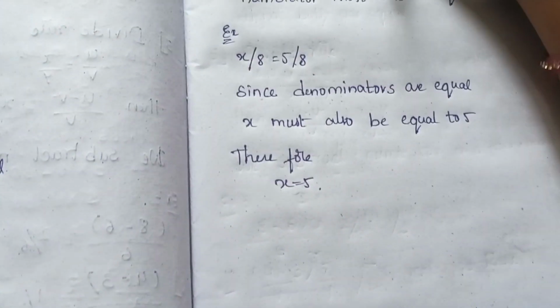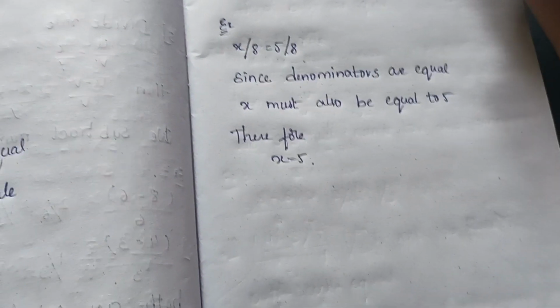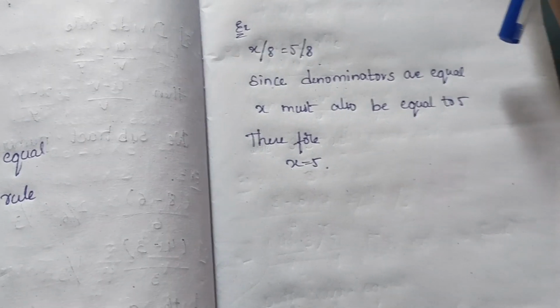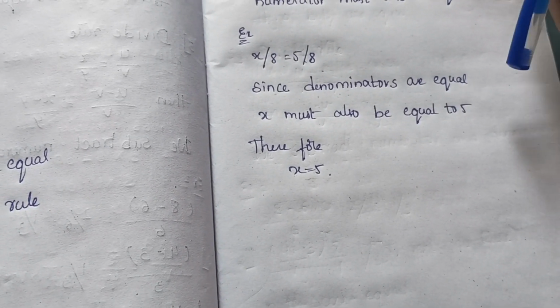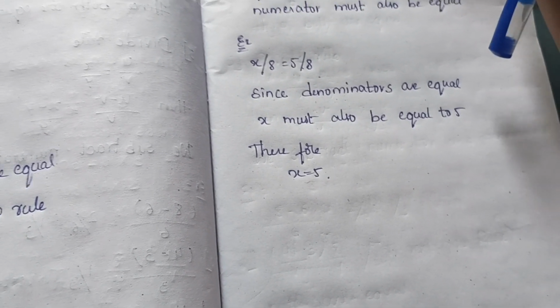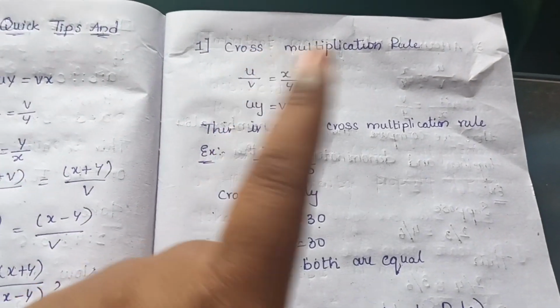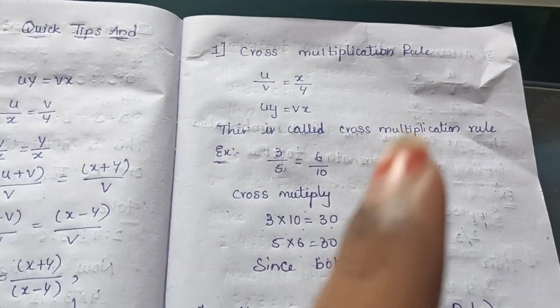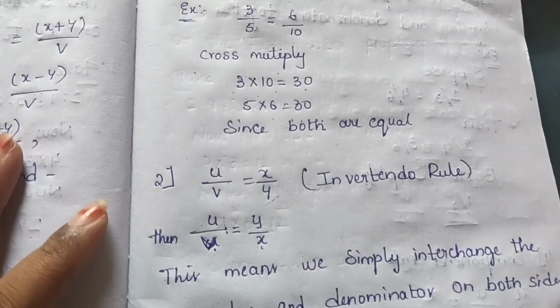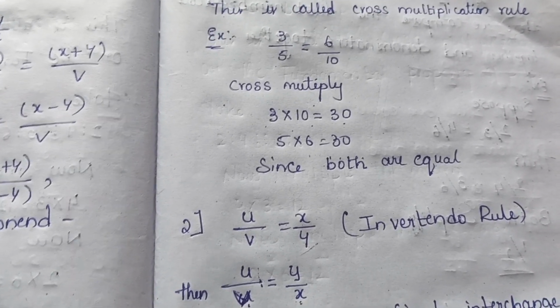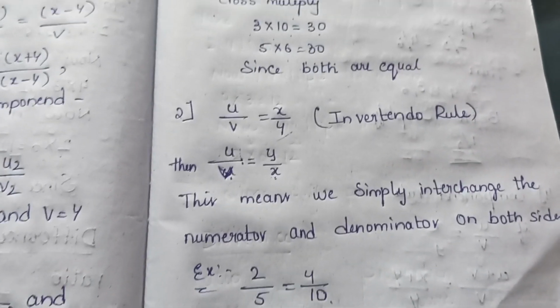Students often get confused between the names of these rules, so here is an easy memory trick. First is the cross multiplication rule, which is easy to remember. Second is the invertendo rule; remember invert as flipping numerator and denominator.